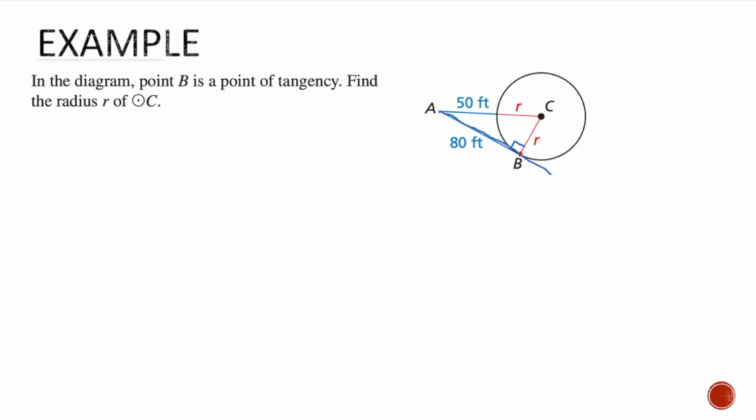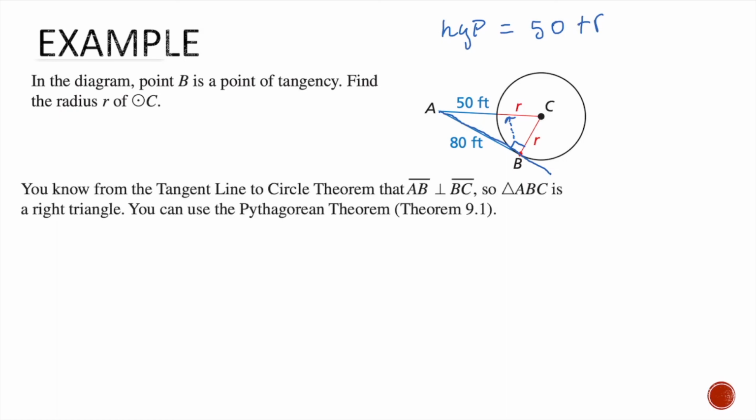Now my hypotenuse, if you don't automatically see it, is opposite to the right angle. So the hypotenuse is 50 plus r. So exactly what I just said. And here we have AC squared equals BC squared plus AB squared to satisfy my Pythagorean theorem using the line segments.